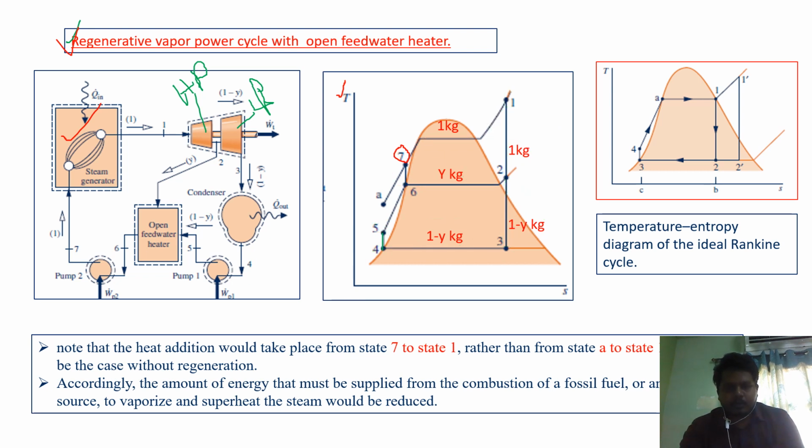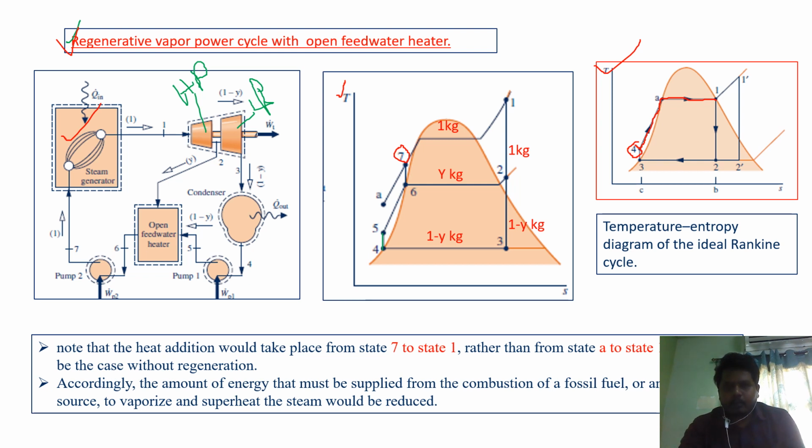Now one more important point is, this is the regular Rankine cycle. If you observe here, the steam enters at point 4 into the boiler and it will be converted from water into vapor in the process 4 to 1.